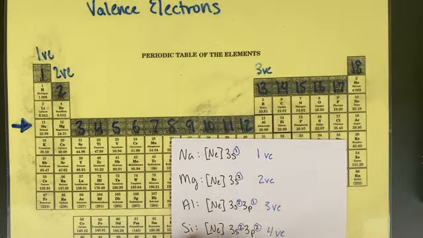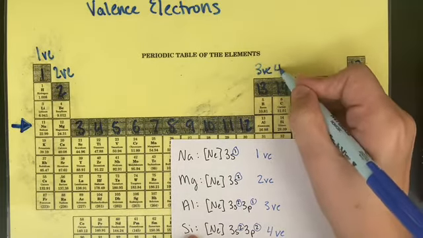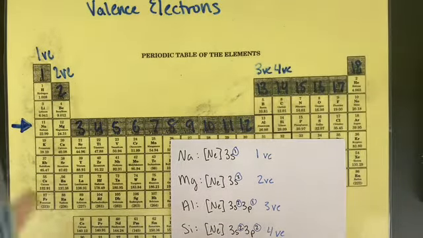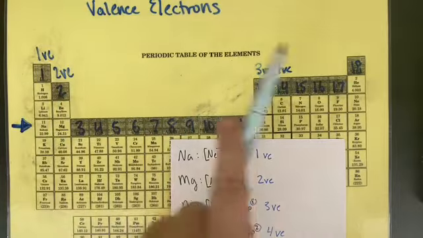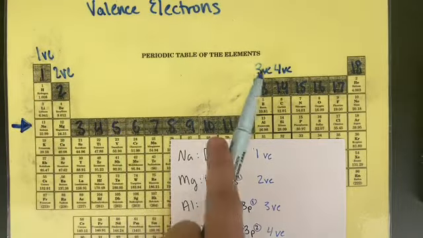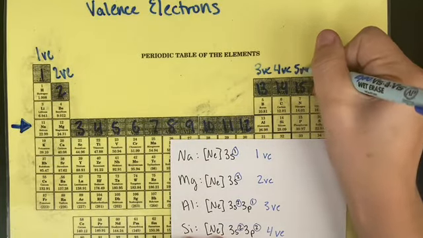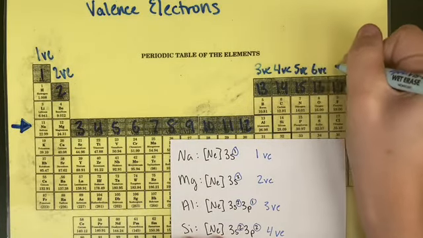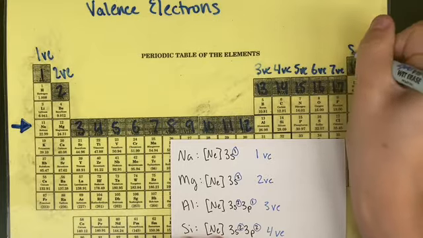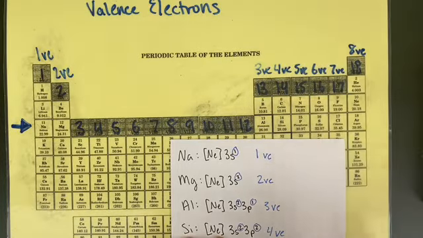And finally, silicon has 4. Do we see a pattern here? 1, 2, 3, 4. The next one would be 5, 6, 7, and finally 8 valence electrons.